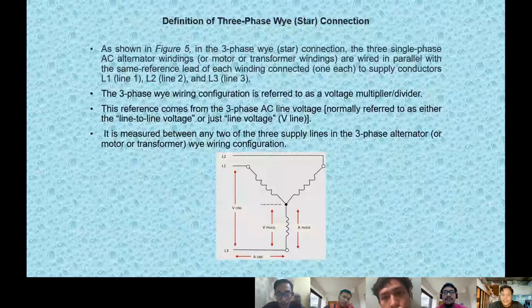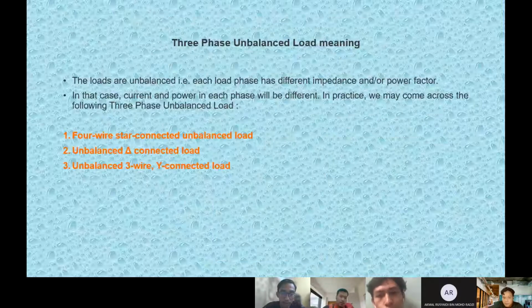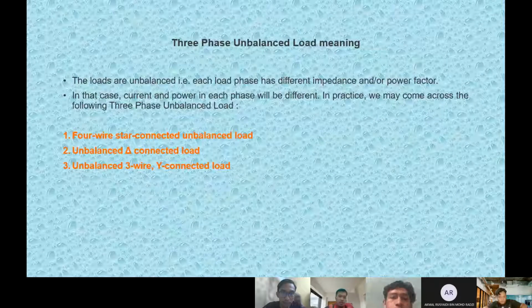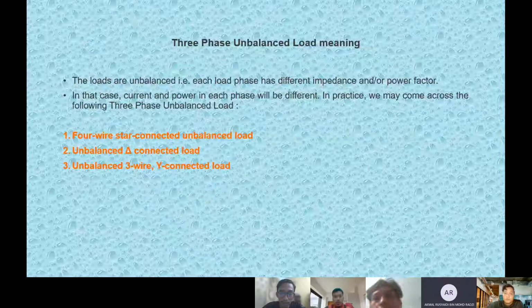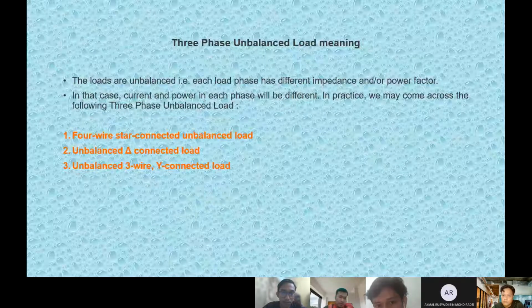Okay. For our task, we need to explain about the three-phase unbalanced load meaning, right? Yes. The loads are unbalanced when each load phase has different impedance and or power factor.